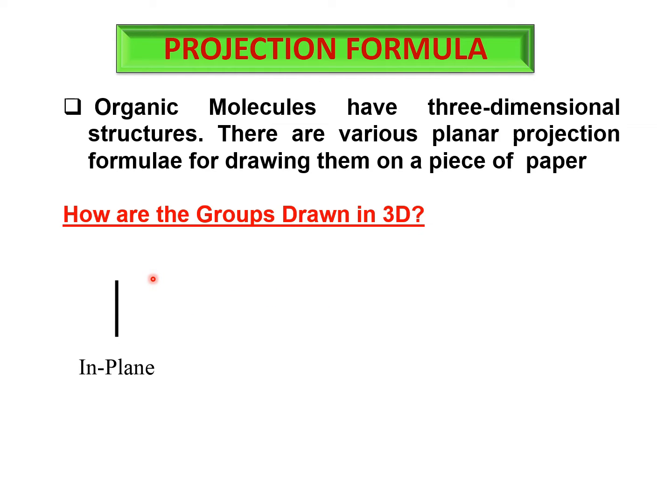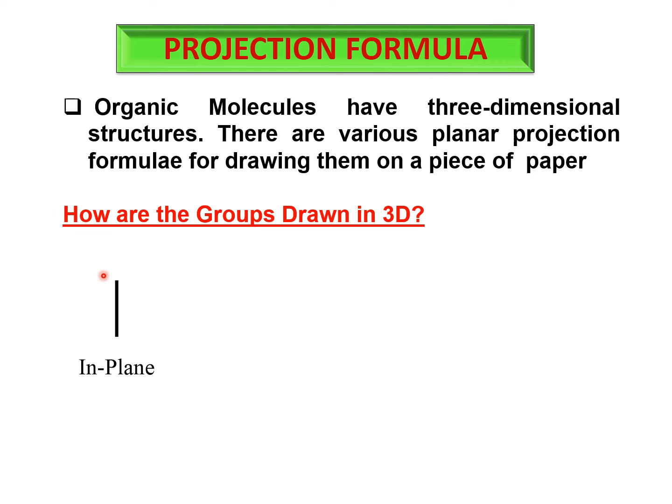But to show a three-dimensional molecule on a 2D paper, or to show the correct orientation of groups relative to each other, we draw them with different bonds or different lines. So if you see a group drawn with such a line, a solid line, it means that that particular group or atom is in plane.